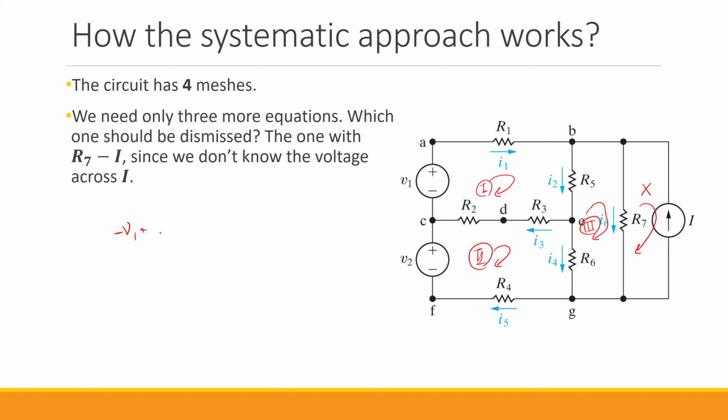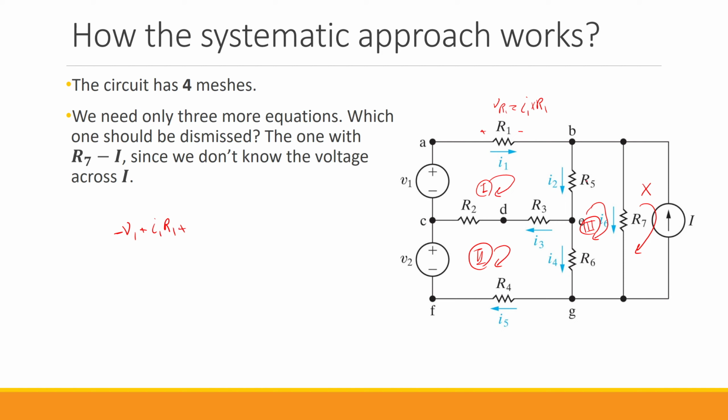Then following the passive sign convention, when I have a current that goes through a resistor, I consider this side to be positive, this side to be negative, so this is VR1. And I automatically write VR1 in terms of the current I1 multiplied by R1, right? So it's going to be I1 R1.